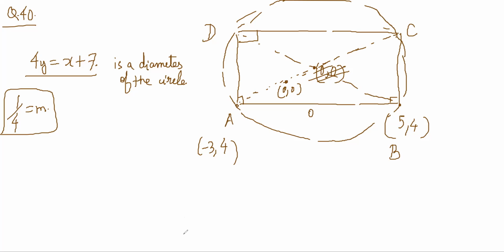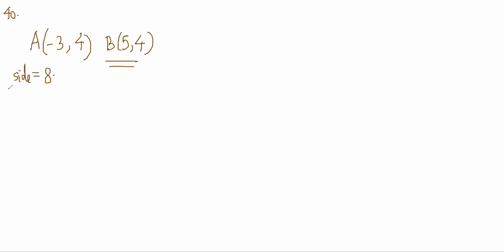Okay, 1 second. A is -3, 4. B is 5, 4. So one side length is 8. You need the height of this rectangle.